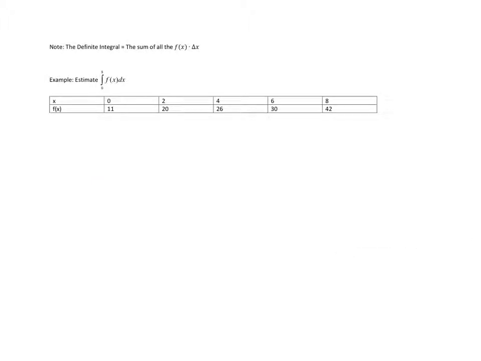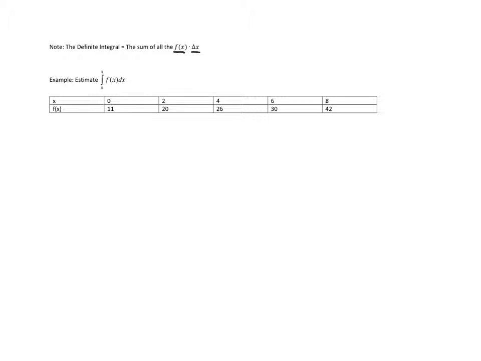Okay, so now we want to talk about how we do this from a table. And what hopefully you notice is we were doing the value of the function times the delta x, the width. So here we're trying to estimate the area under the curve, the definite integral from 0 to 8 of f of x dx. Delta x is the change in x's.